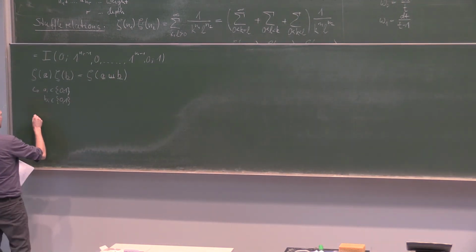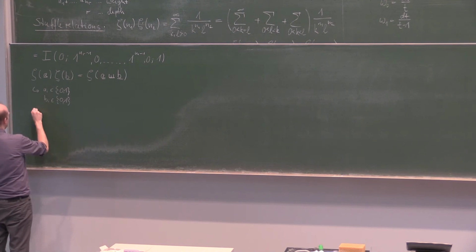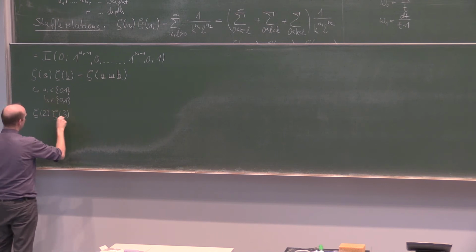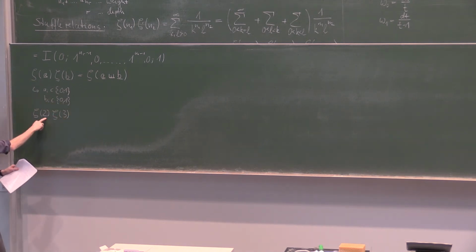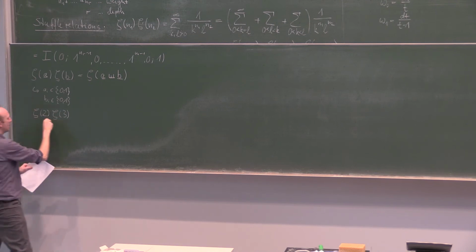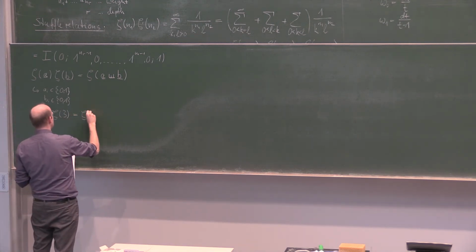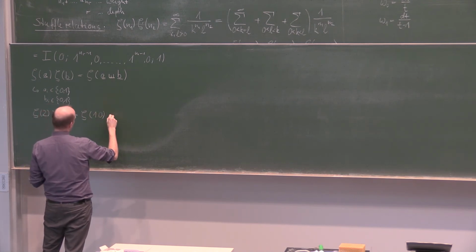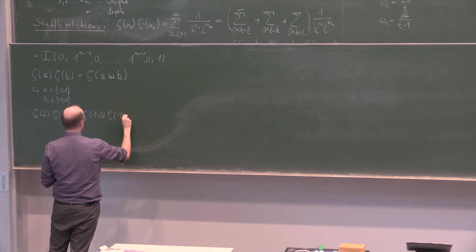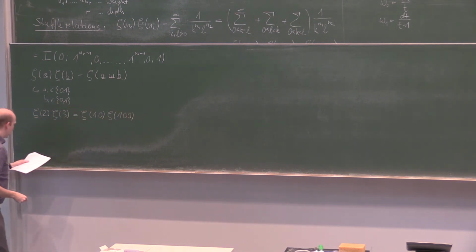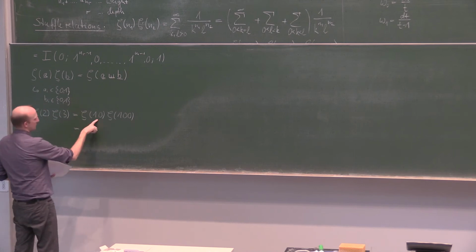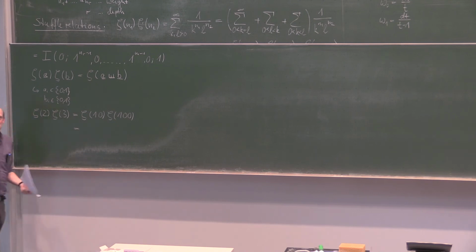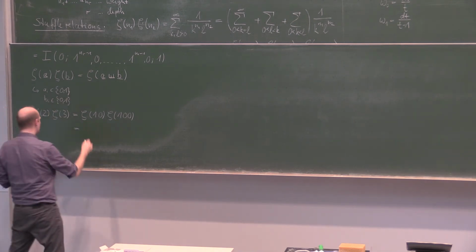So let us consider zeta of 2 times zeta of 3. That is, I wrote it in the natural numbers basis. That is converted to the 1 and 0 basis: zeta of 1, 0 times zeta of 1, 0, 0. And this will now be the sum of all ways of shuffling these numbers without interchanging the individual ordering.